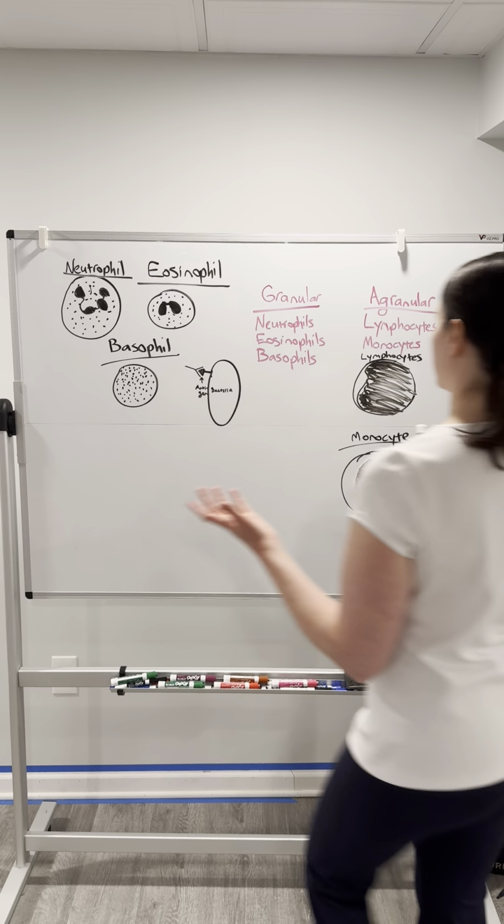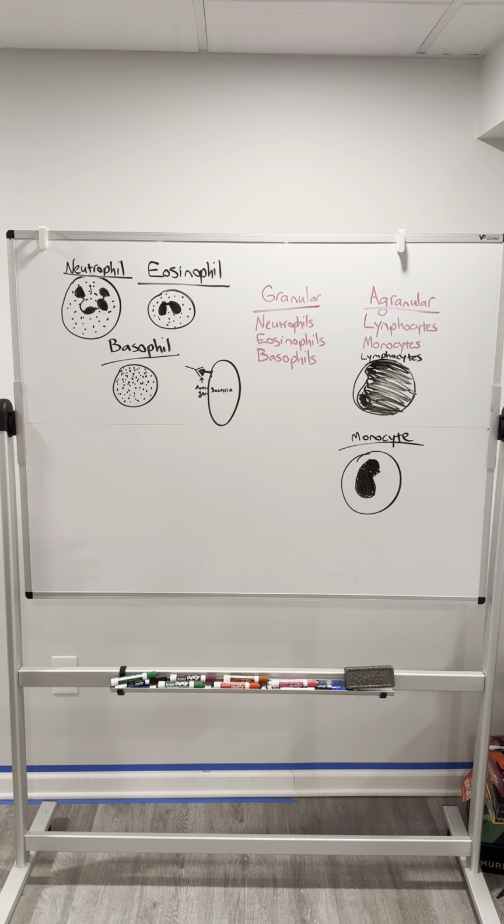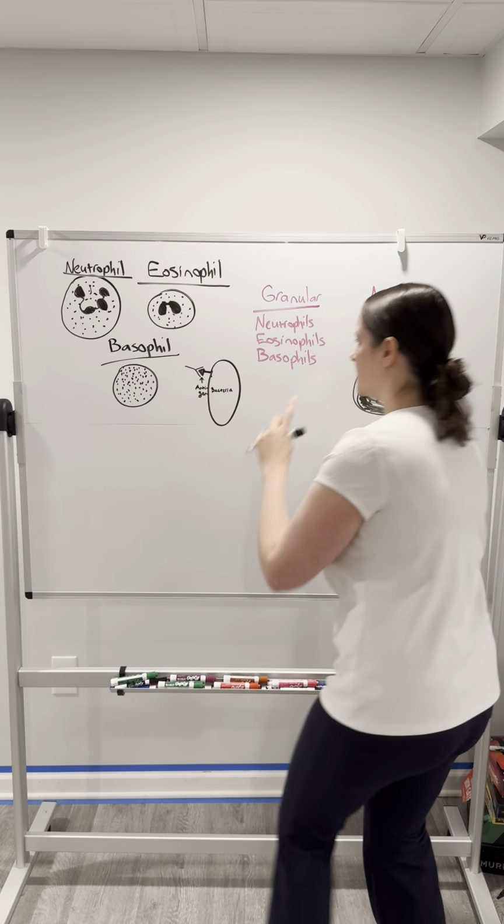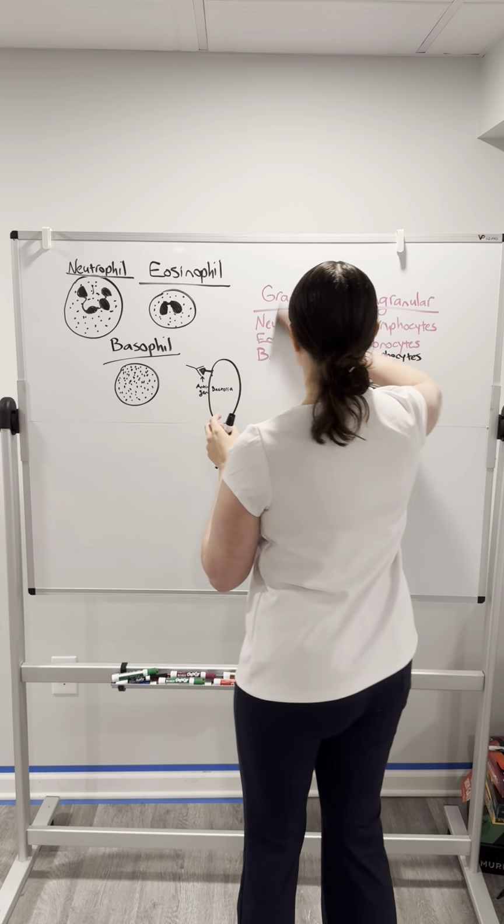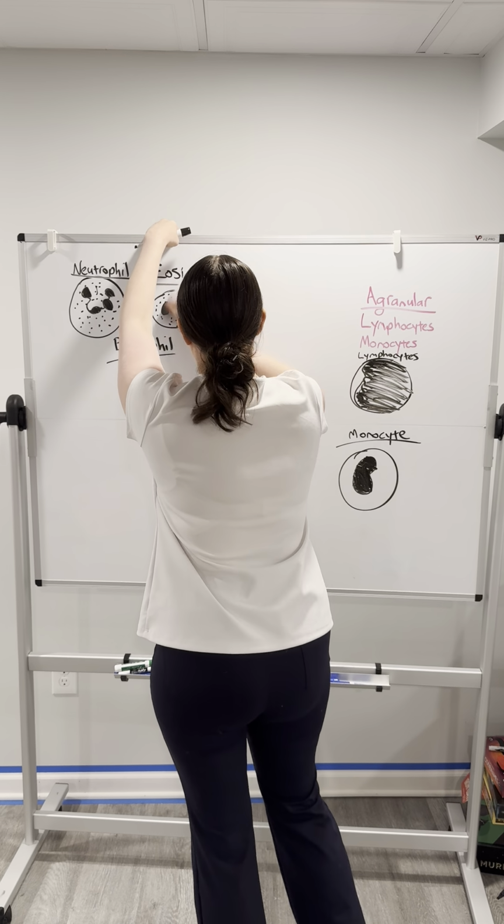Okay, so some disorders of blood, we're just going to talk about a couple. So sickle cell disease is a genetic type of anemia. The oxygen carrying capacity of the blood is reduced. The red blood cells of people with sickle cell have a different type of hemoglobin known as hemoglobin S, and this causes the red blood cells to bend into a sickle shape.